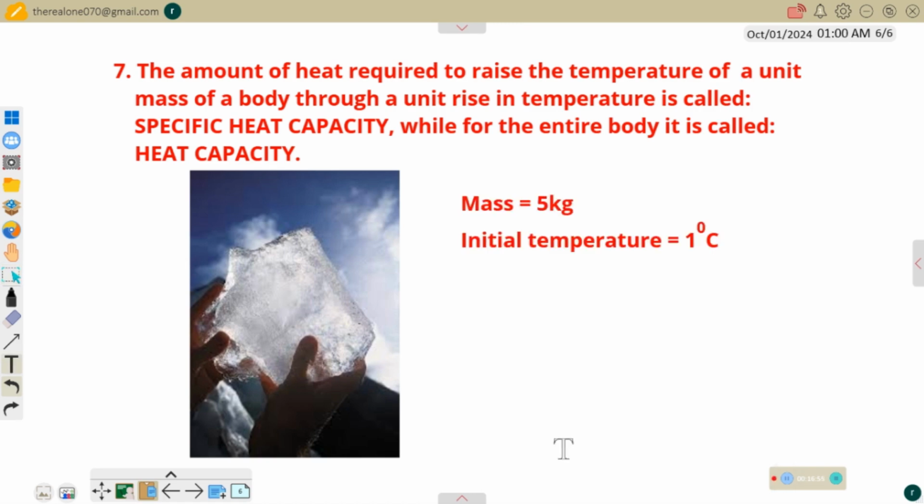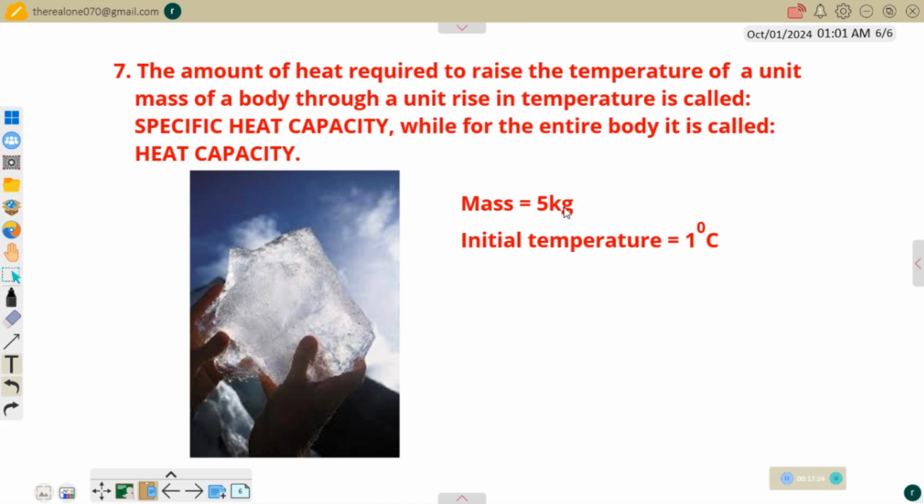Now, if we want the temperature of the whole of this 5 kilogram ice to increase from 1 degree Celsius to 2 degrees Celsius, then the amount of heat required to achieve such a rise in temperature is called heat capacity, since that one has to do with the whole of the mass.